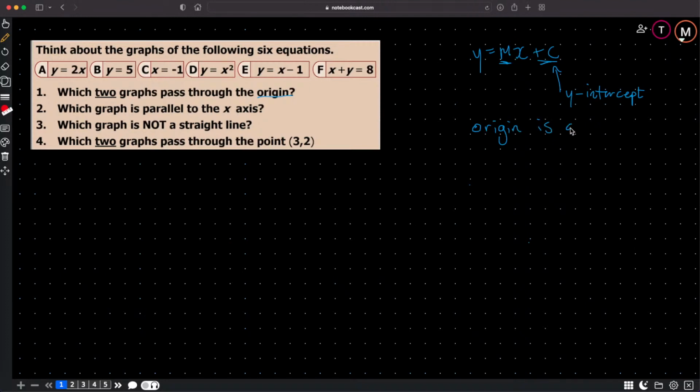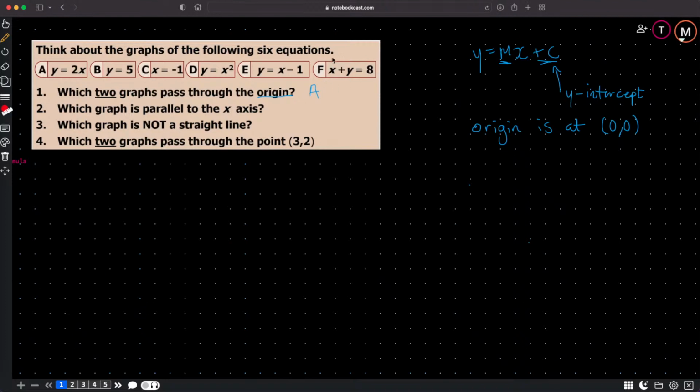So for y equals 2x, the plus c is 0, so A is going to pass through the origin. Can we find other straight line graphs with a plus c of 0?